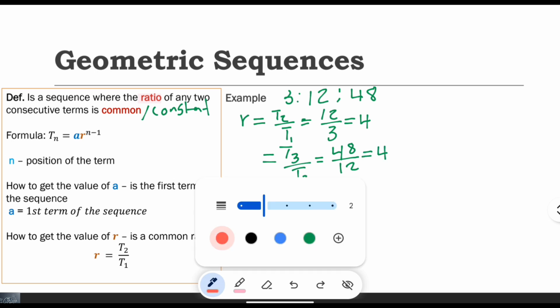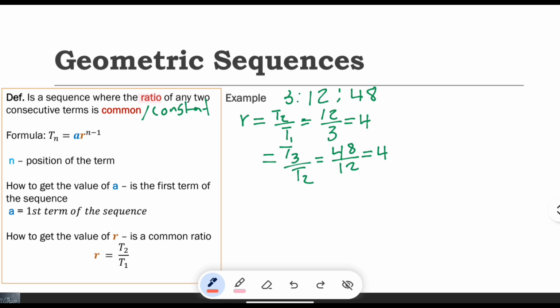Therefore, we can say this pattern is a geometric sequence because the ratio between consecutive terms is common. Here it's 4 and it's 4. The consecutive terms are T3 and T2, and T2 and T1. So they are common, and we can conclude that this is a geometric sequence.